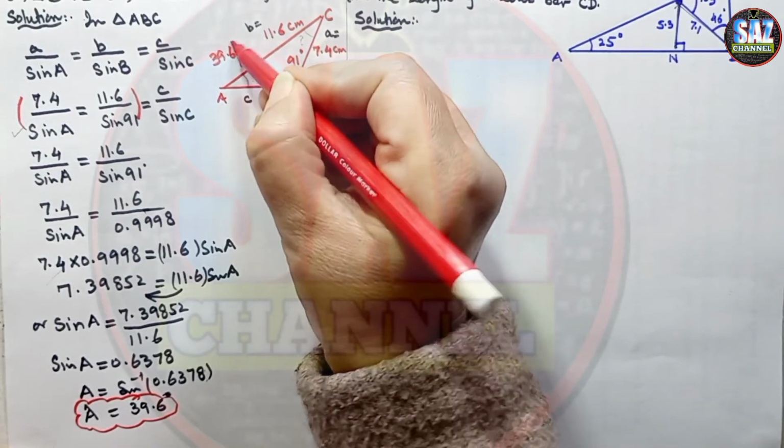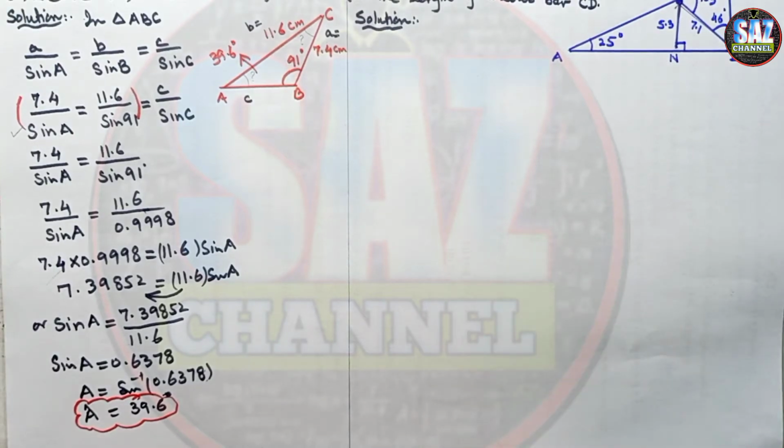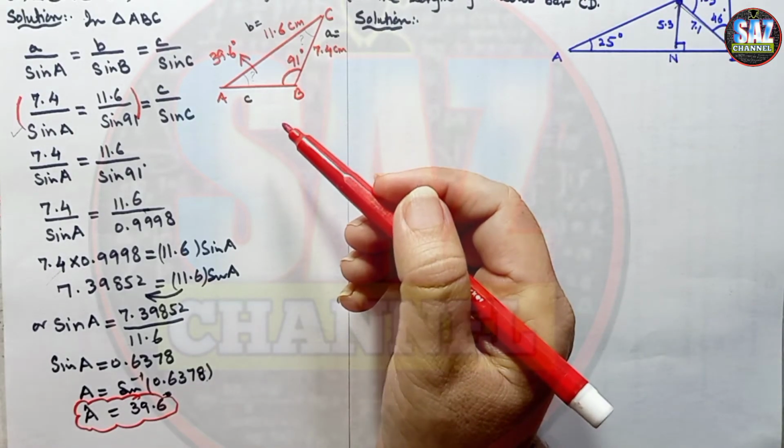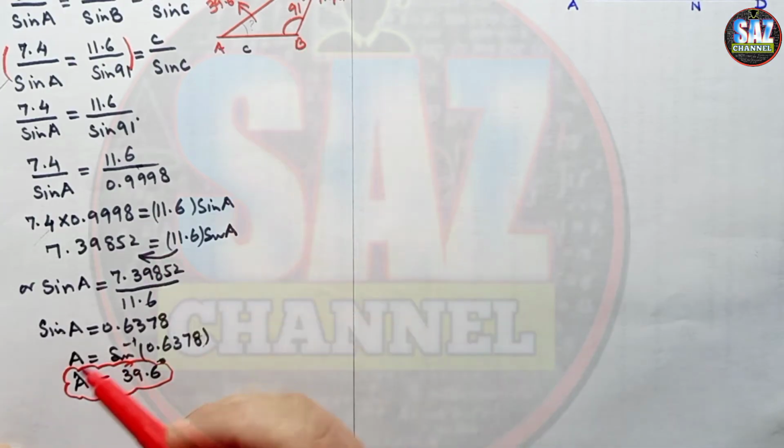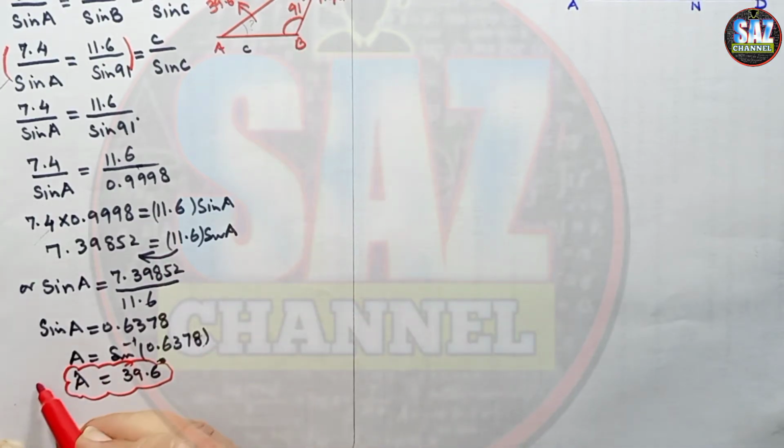And now for the calculation of angle C, we know that the sum of interior angles of triangle is 180 degrees.